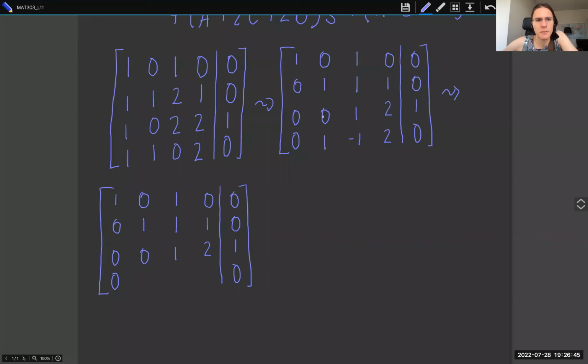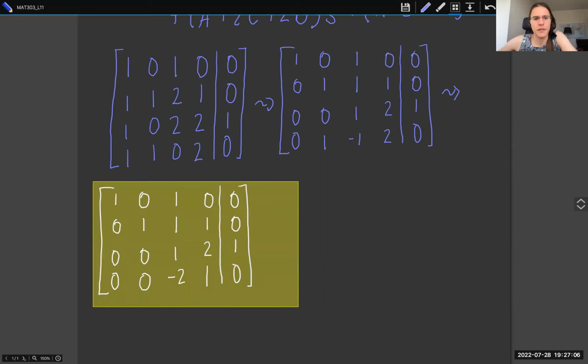So I'm subtracting 1. Then I'm subtracting 1. Then I'm subtracting 1. Yeah, I really should be copying these more.